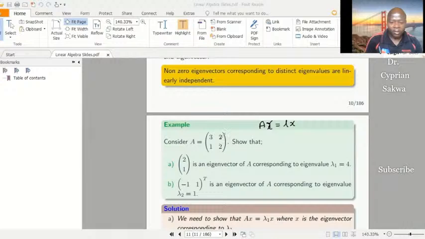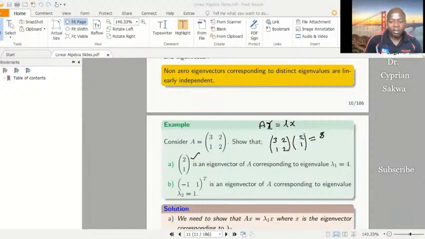So this is matrix A. Let's see: 2, 3, 1, 2. Multiply it by the eigenvector here, 2, 1, and see what you get. When I multiply, it is 3 times that, which is 6, plus 2 times this, and that gives me 8.